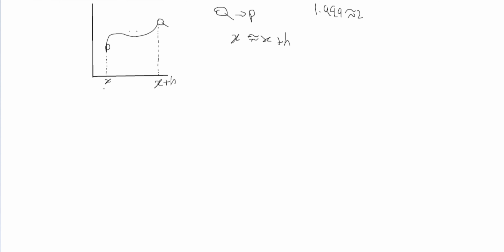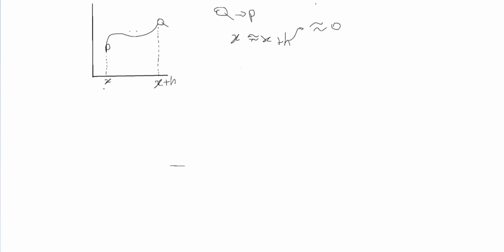So the only way that could happen is if h is really close to 0, and the definition of something getting really close to something is a limit. So let's keep that in mind.